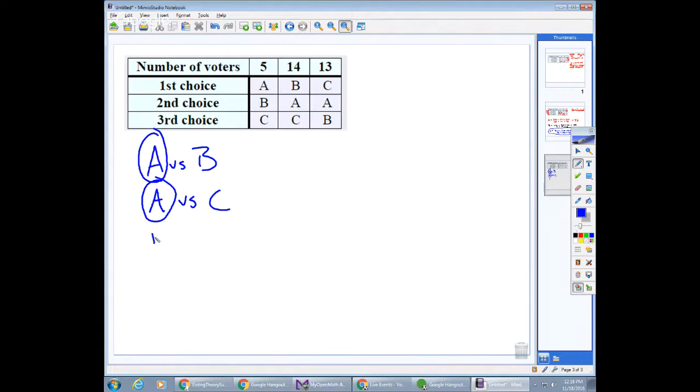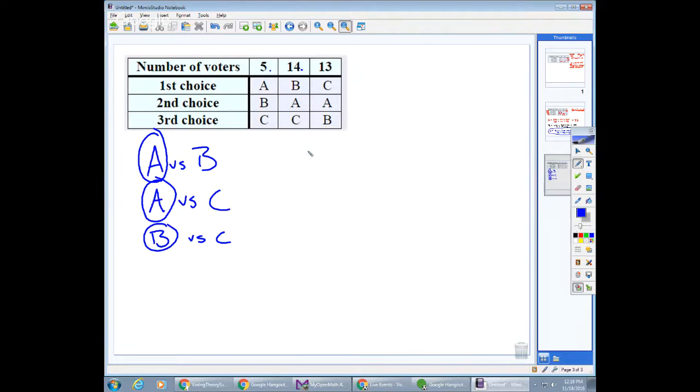And then we look at B versus C. And usually I scribble all over this, and so sometimes I make a mess of it. So let's see. Where am I? B versus C. So B gets 5 there, B gets 14 there, but C gets 13 there. So here B gets 5 and 14 or 19 versus C's 13. So B wins that one.